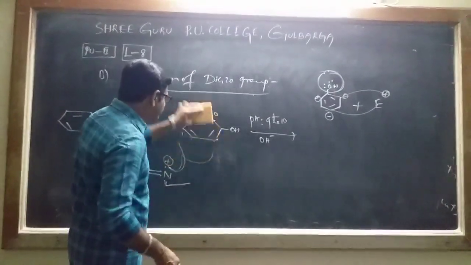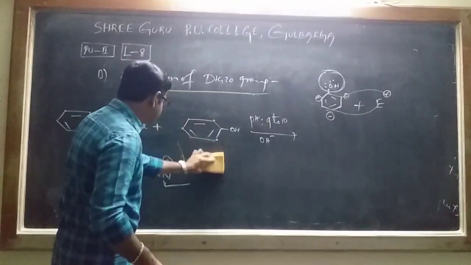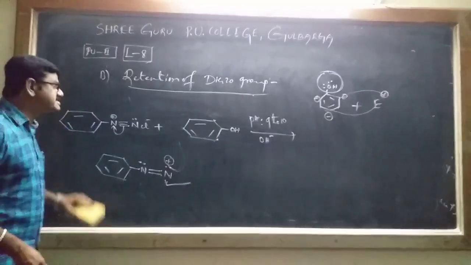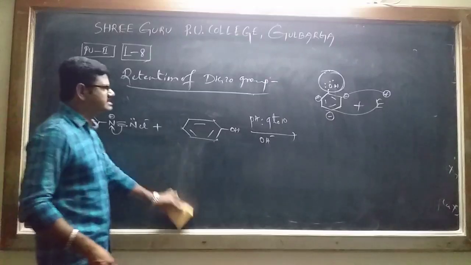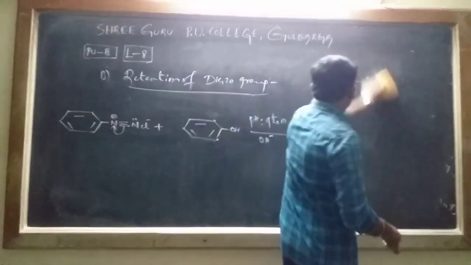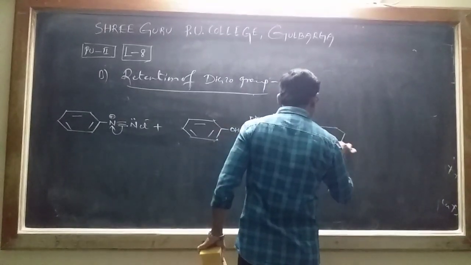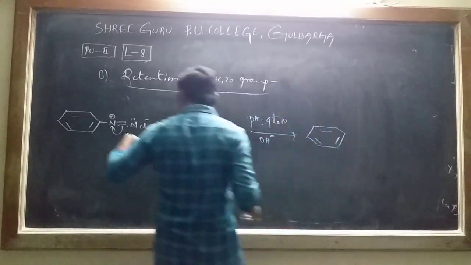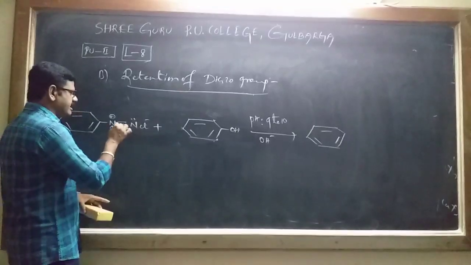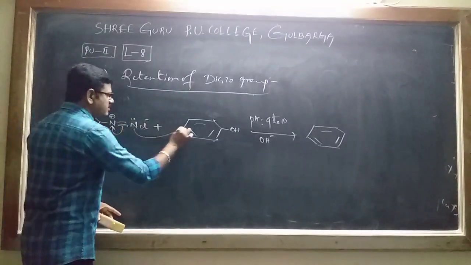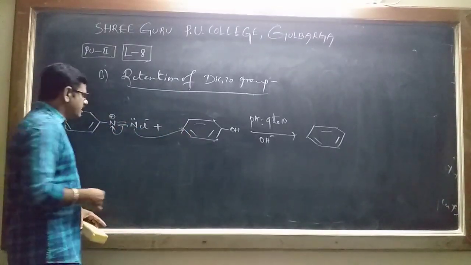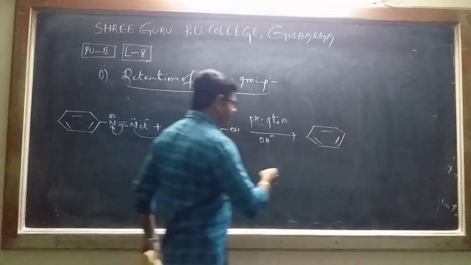Therefore, we get a compound in which a conjugated system is obtained. Let's see what happens. It is a benzene ring. Here, after shifting, we get a plus charge. This will go and attack at the para position, and here the triple bond is converted into a double bond.